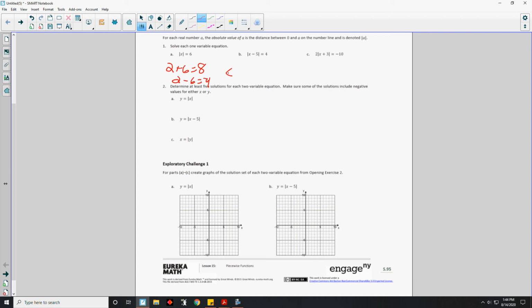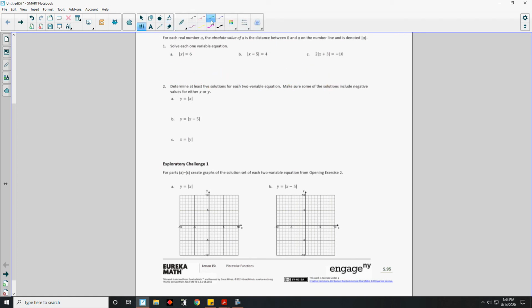Okay, so if I were on this number line, and this is 2, 8 is over here, negative 4 is over here, and the distance between these is both 6. Okay, so that's the way absolute values work.